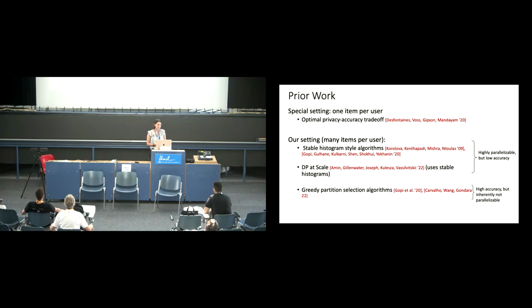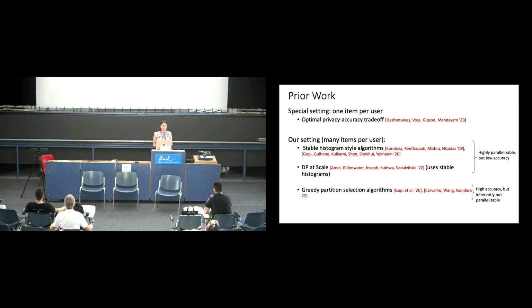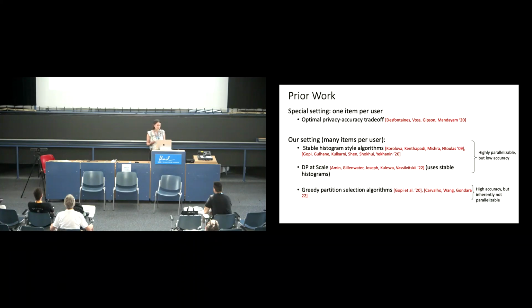So within this space, for the special setting where each user has exactly one item, Desfontaines et al. found an algorithm that has an optimal privacy and accuracy trade-off. But in our setting where users may have many items, there's kind of two classes of algorithms in this space.